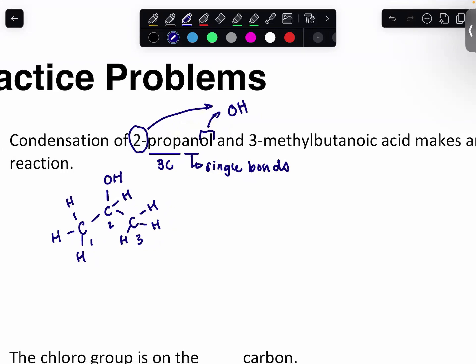So we have bute. What's that tell us? 4 carbons. We have another AN. What's that tell us? Single bonds. We have oic acid. What does that tell us? Carboxylic acid.